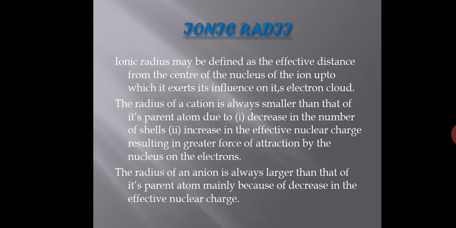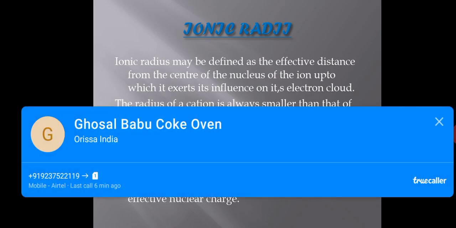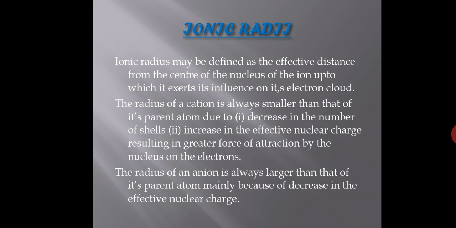So this is about your atomic radius, covalent radius, metallic radius, and van der Waals radius, where the van der Waals radius is greater than the metallic radius, which is greater than the covalent radius. Then in the case of ionic radius, the cationic radius is always smaller than the corresponding neutral atom, and the anionic radius is always larger than the corresponding neutral atom.